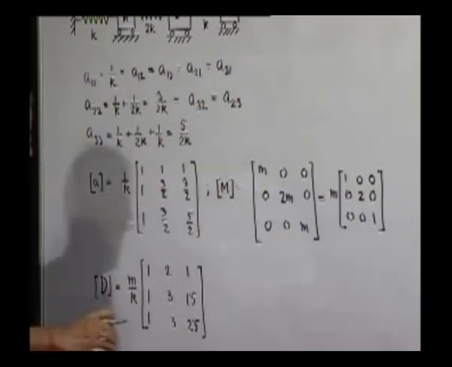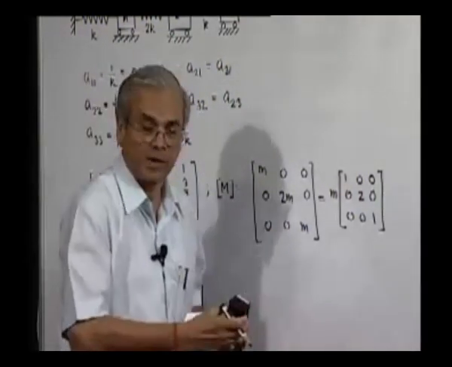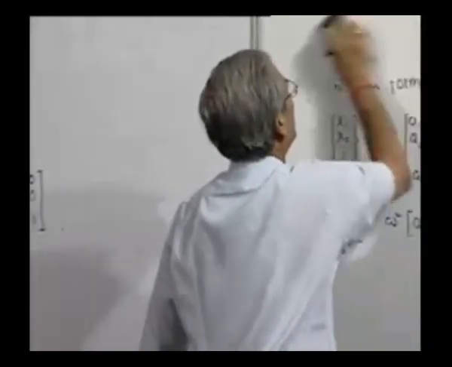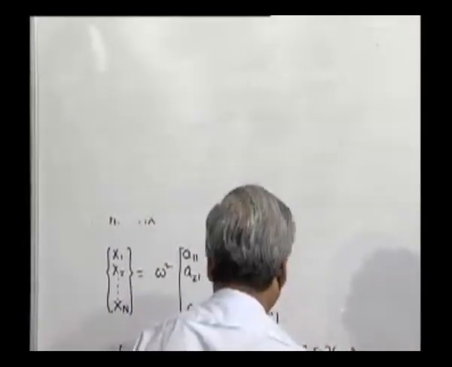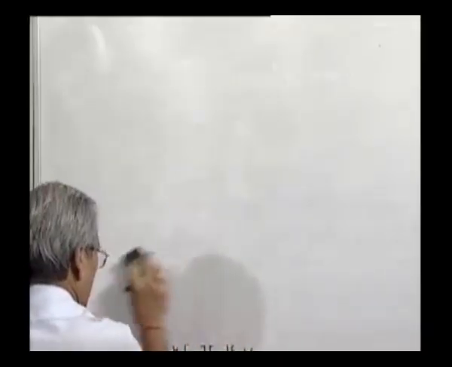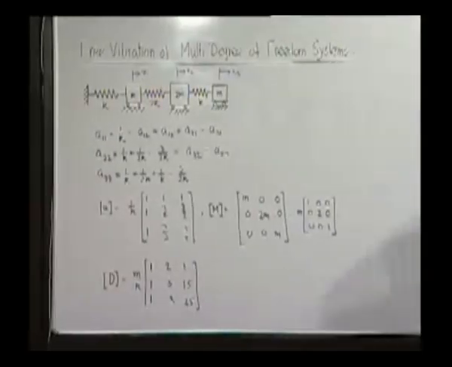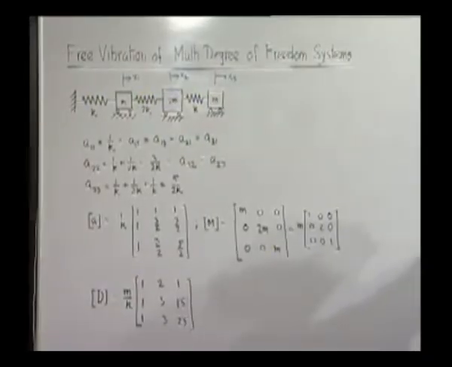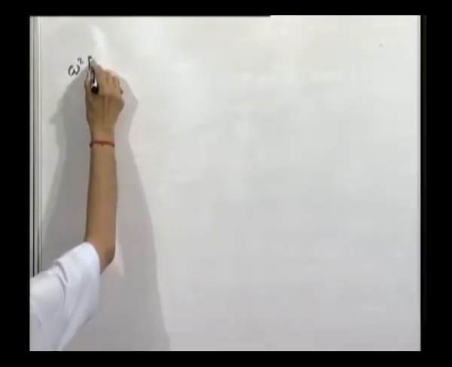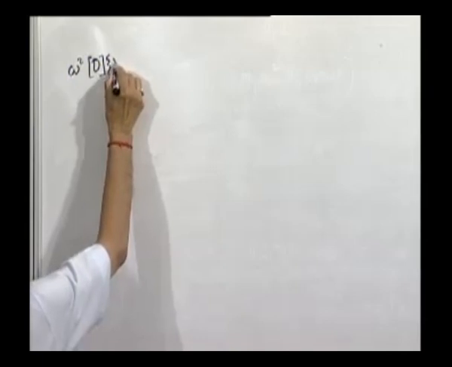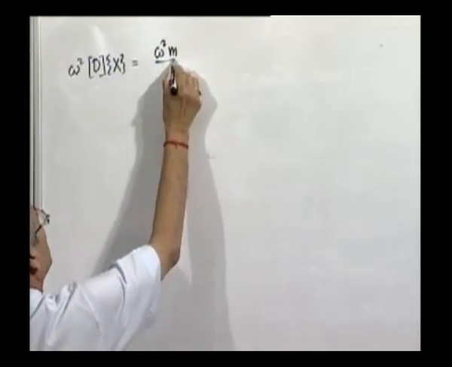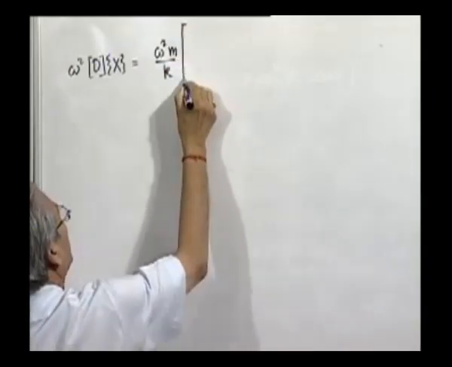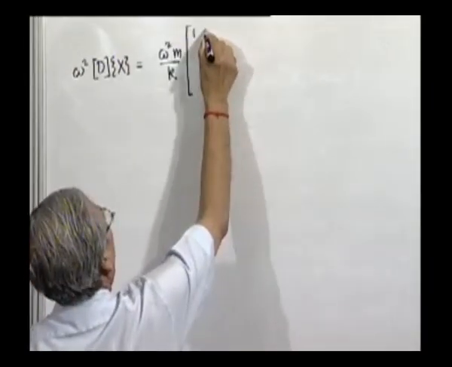So, thus we are now ready for our iteration process. So, we will write this equation: omega square D x is omega square M by K times the matrix.